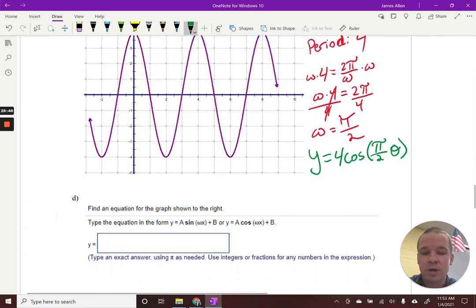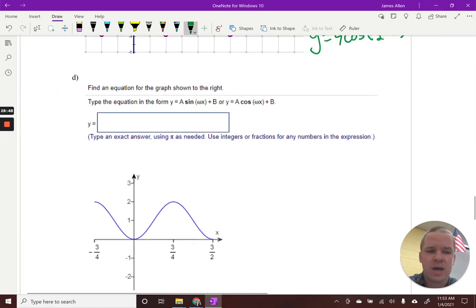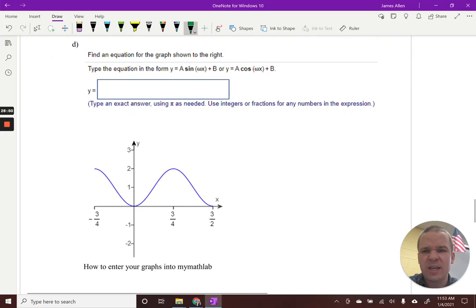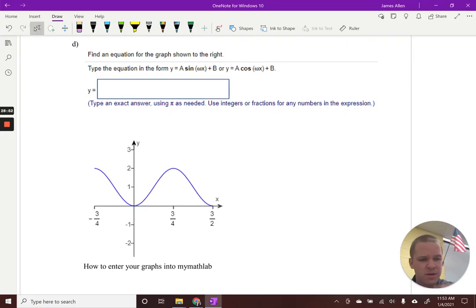Okay, next one we're going to do is one from the book or from the online homework, just because they can get kind of a little bit nasty, right? And you can see how they format these things. Find an equation for the graph shown below. Type the equation in the form y equals a sine of omega x plus b, or y equals a cosine of omega x plus b.